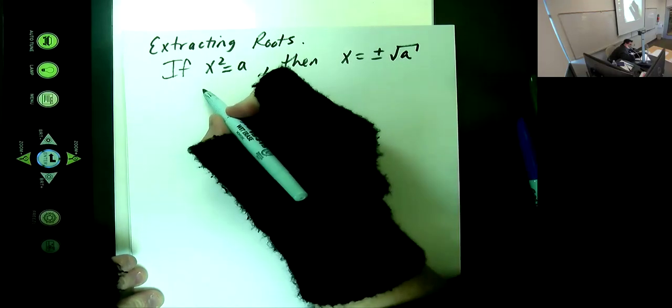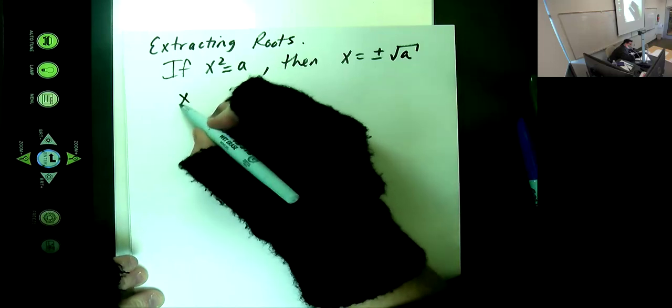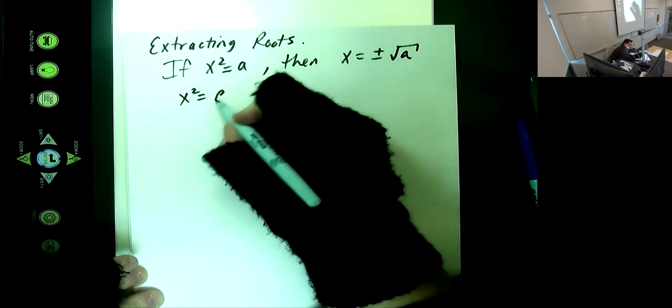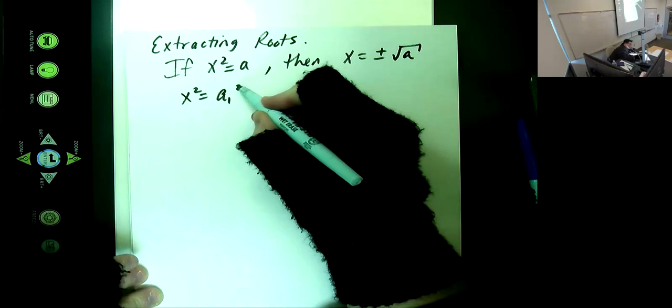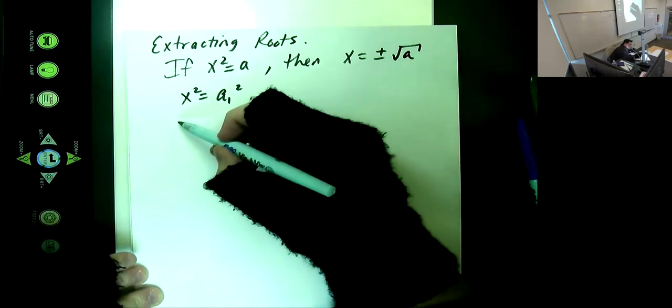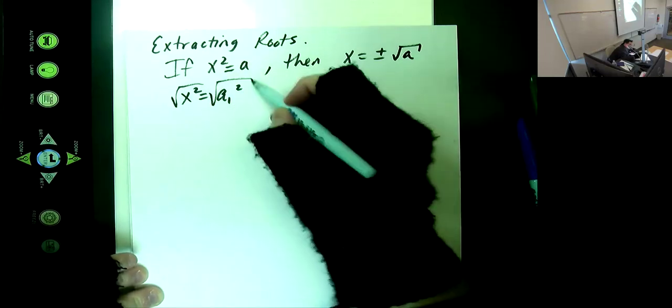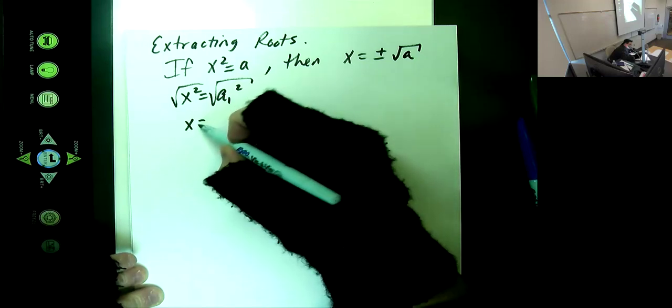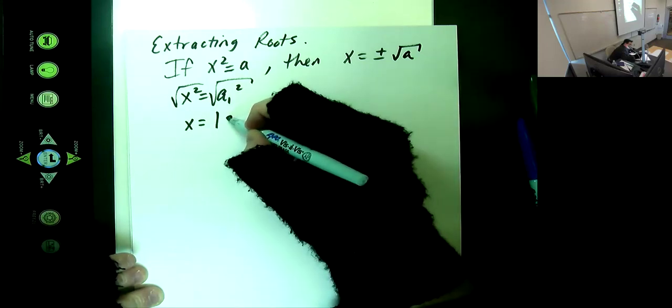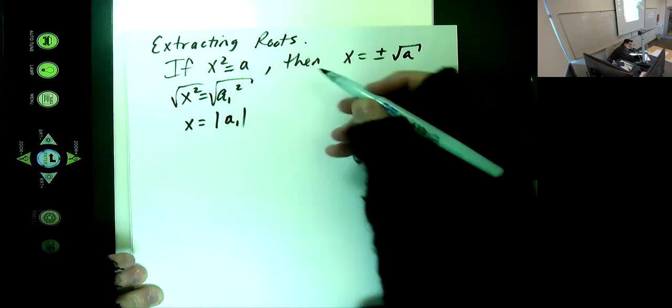This stems from, if we have like x squared equals, I'm gonna say like a1 squared, and we take the square root of both sides, x equals the absolute value of a1 there.